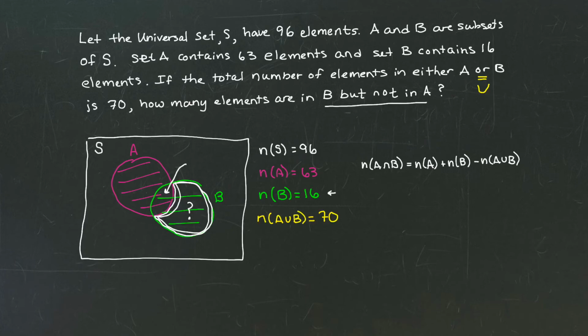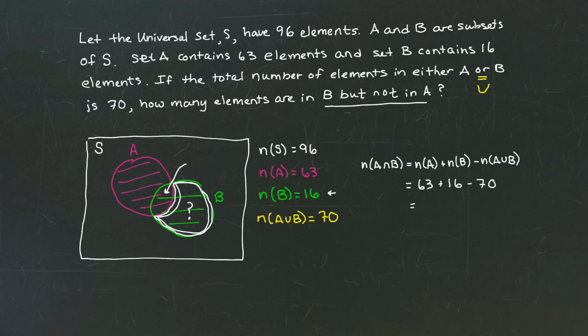But another way to view it is this way. The number of elements in the intersection is the number of elements in A plus the number of elements in B minus the union. Well, that's going to help me because I know that the number of elements in A is 63. I know that the number of elements in B is 16. And I know that the union has 70.